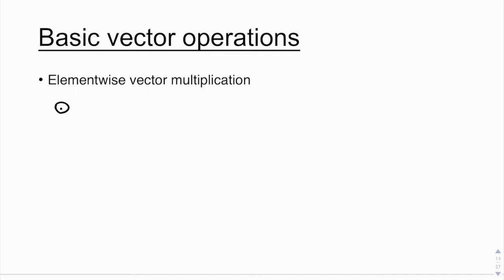So what does it mean? I'm going to give you an example. This is the notation we use. When I say x dot y, note that this is not standard.